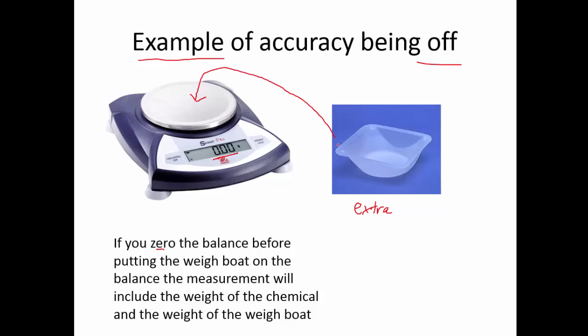If you add that in and then put something on top afterwards, you're going to have the weight of the substance plus the weight of the weigh boat registering instead, and that would have your information be off. So you would not have the accuracy you were looking for.